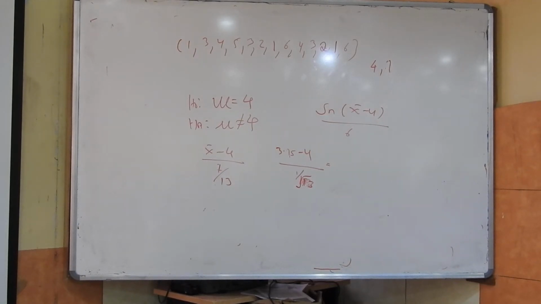Minus 3.05? Minus 3.14. Divided by this, which is minus 3.06.